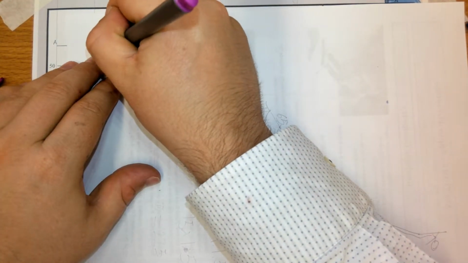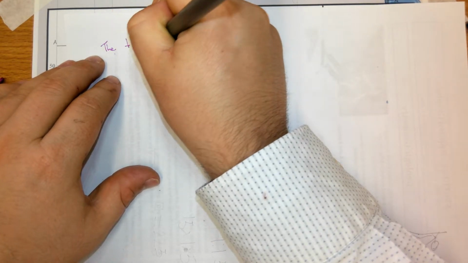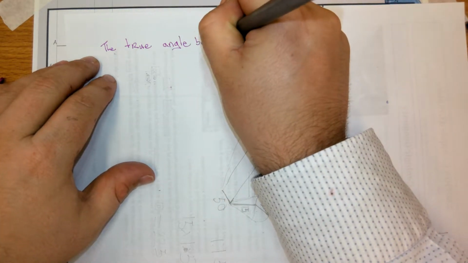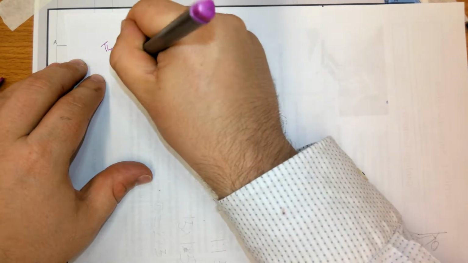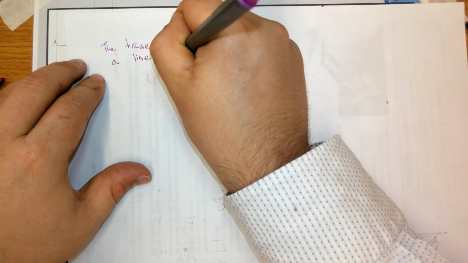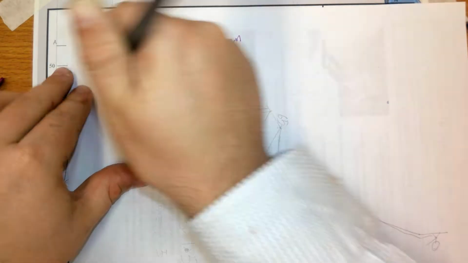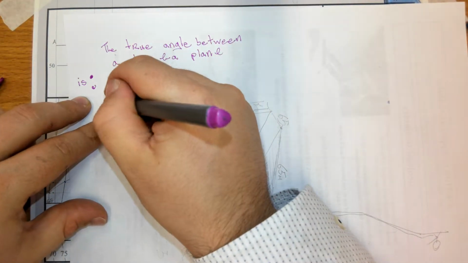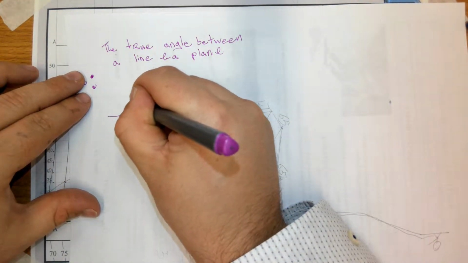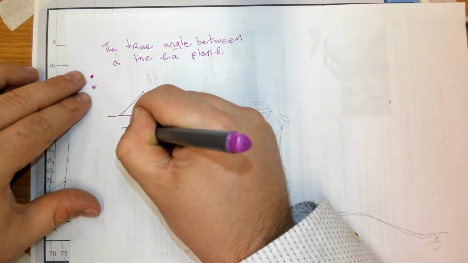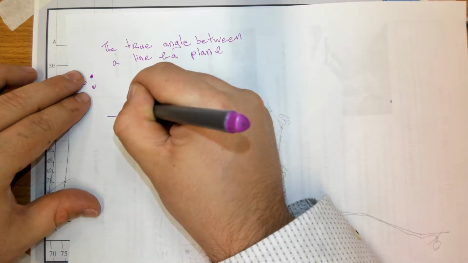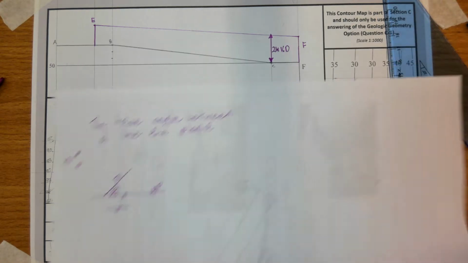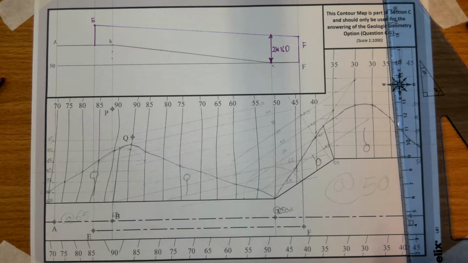The true angle between a line and a plane is seen when the line is the true length and the plane is an edge. So the line is a true length and the plane is an edge, right? So go back over that.